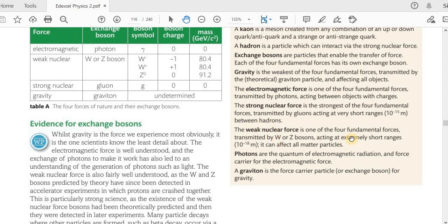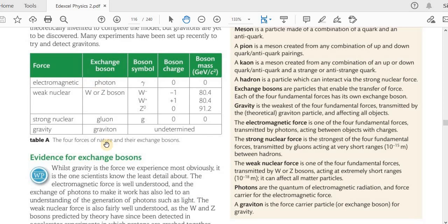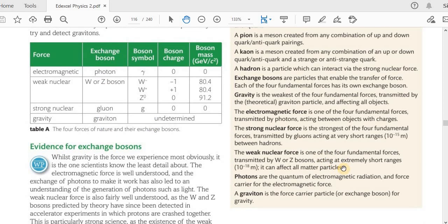The weak nuclear force is one of the four fundamental forces, transmitted by W or Z bosons. You can see this here also. It acts at extremely short ranges, 10 to the power -18 meters. It can affect all matter particles.